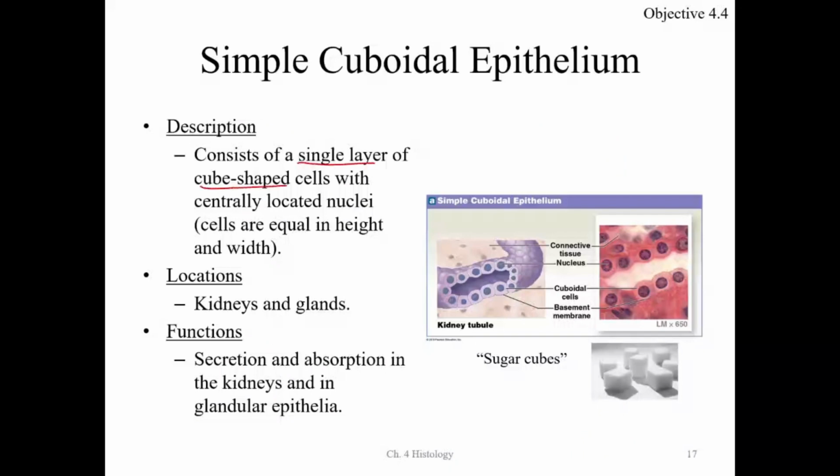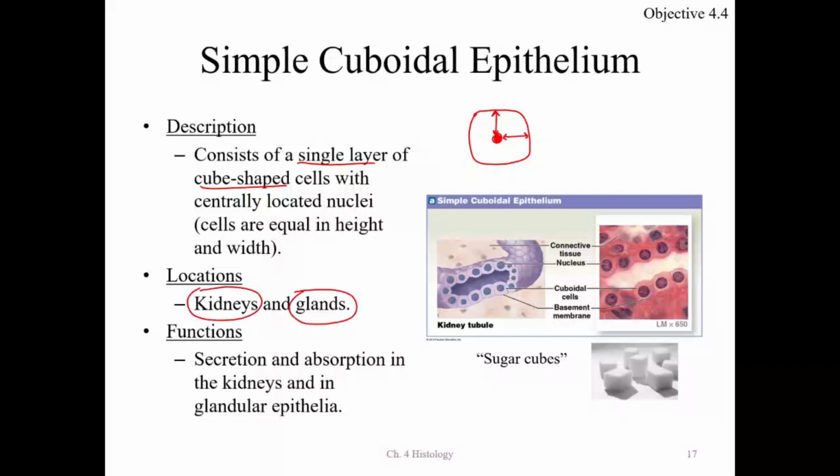When you look at it, what you would notice is that the nucleus is roughly dead center, about equal distance, equal height. The nuclei are roughly in the middle. Kidneys and glands is where we're going to find this in the body.